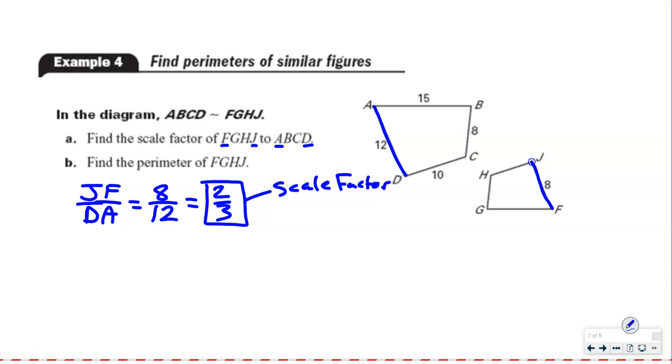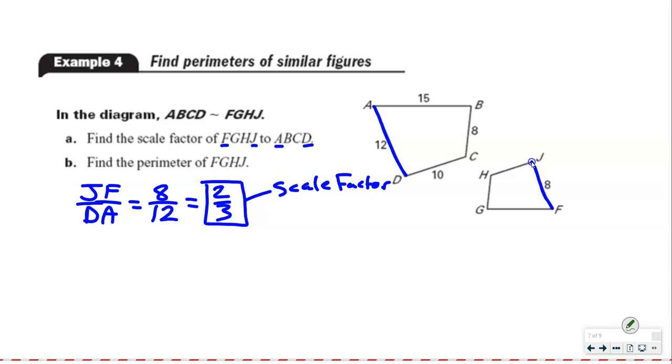We also need to find the perimeter. If we're going to find the perimeter of FGHJ, we need to add up all of its side lengths, but we only know one of them. So how do we find the other side lengths? We're going to use our scale factor and the perimeter of our other figure.